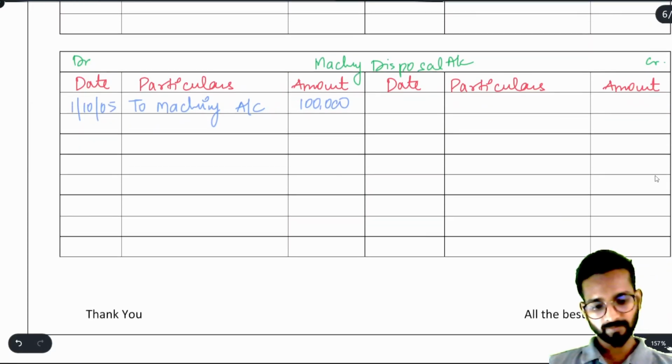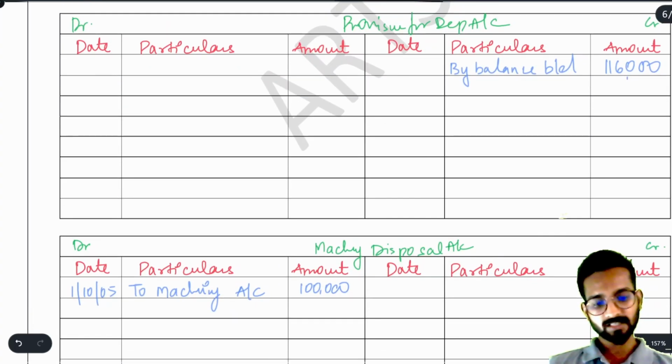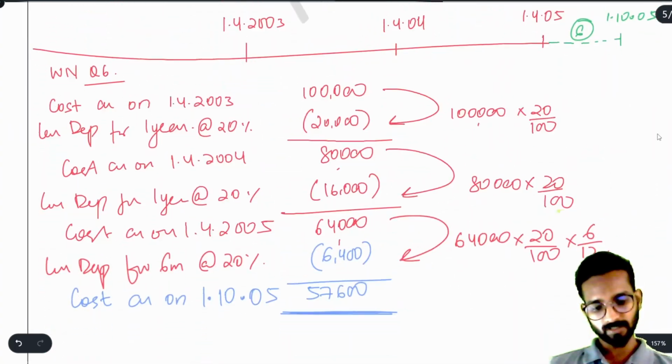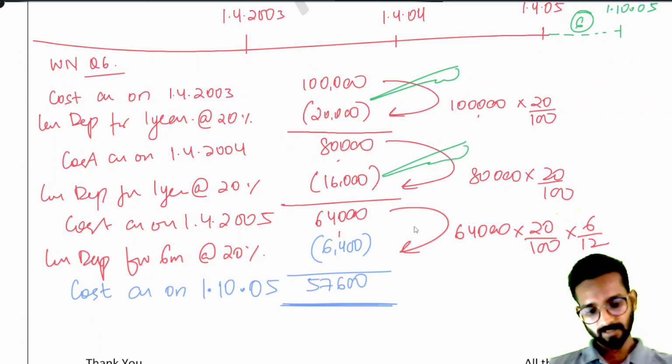Now what will we write? We will go to the machinery disposal. First thing, how much is the total depreciation? Now see, total depreciation will be 20,000, this 16,000 and this 6,400. The total of this is 42,400.